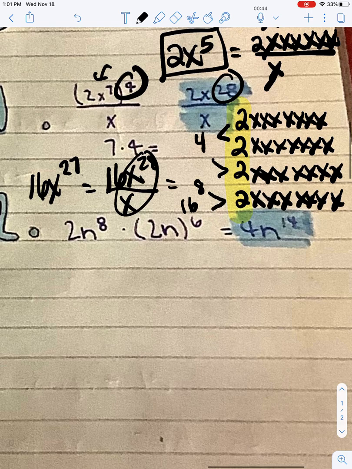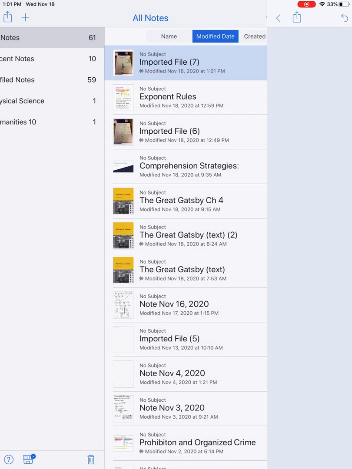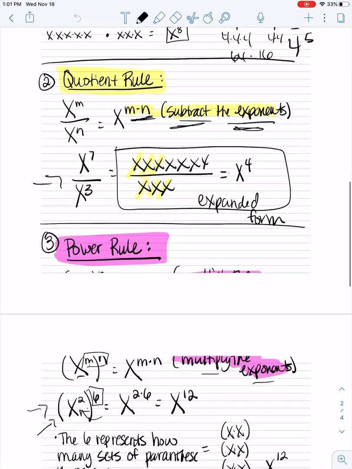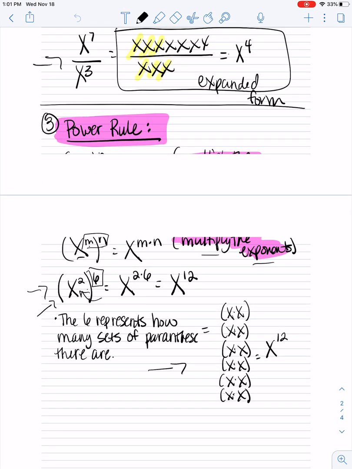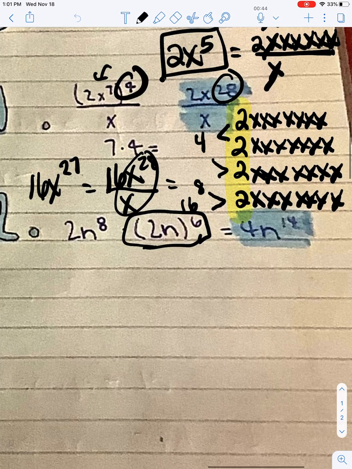And then last but not least, we have our 2n to the 8th times 2n to the 6th power. So the first thing that you would need to do is simplify this with the power rule. So if we do the power rule on this, this is telling us that we have 6 sets of 2n.